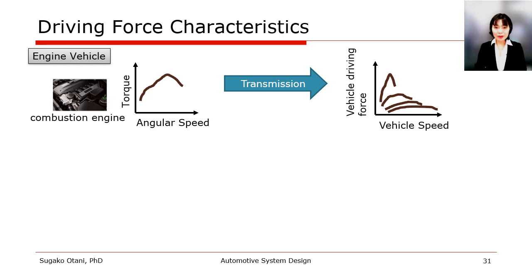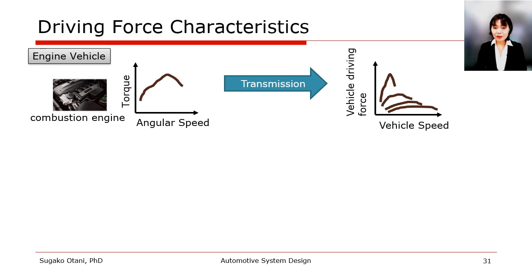This slide shows the torque characteristics and the driving characteristics of engine vehicles and electric vehicles. The left graph shows the engine characteristics with the horizontal axis showing angular speed and the vertical axis showing torque. Internal combustion engines can only produce large torque at medium speed.